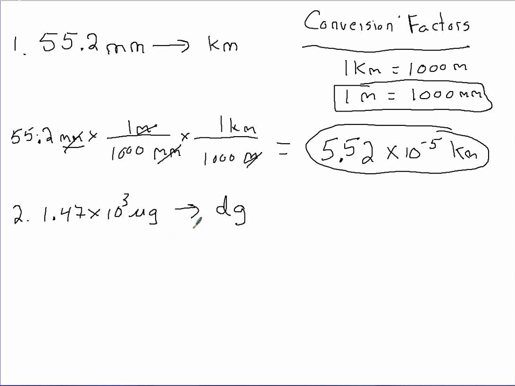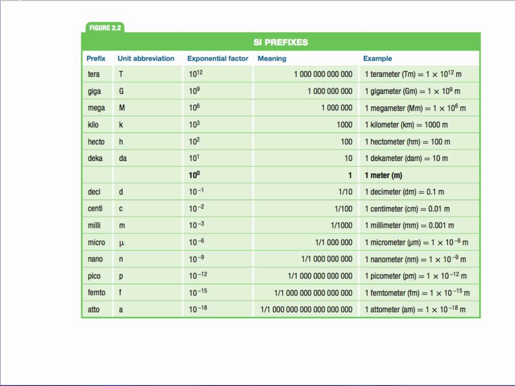Second problem, we're going to again write a conversion factor or two down here. So we're going to write down that there are 1 times 10 to the sixth micrograms in 1 gram. Now, it is obviously important to be able to do these problems to know your conversion factors. If we take a look at what the textbook supplies us, it says things like this, that a micro is 10 to the negative sixth.